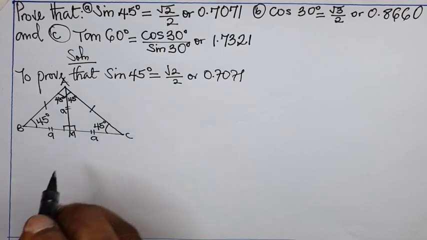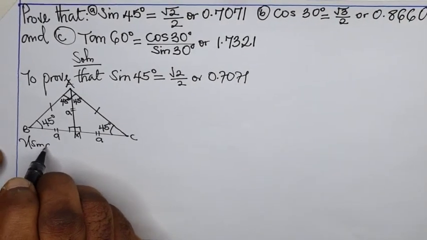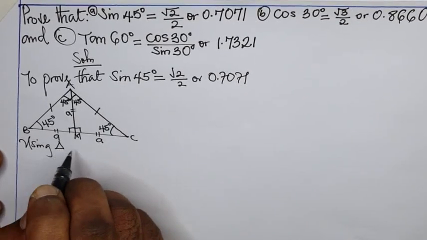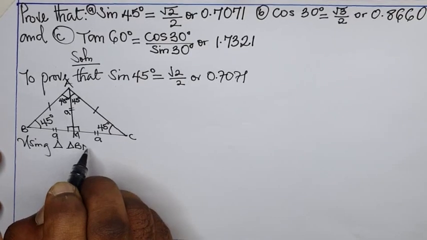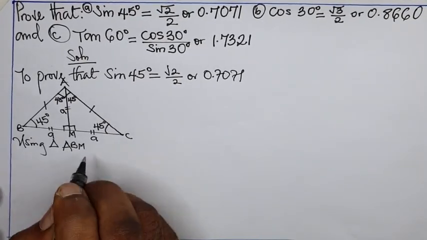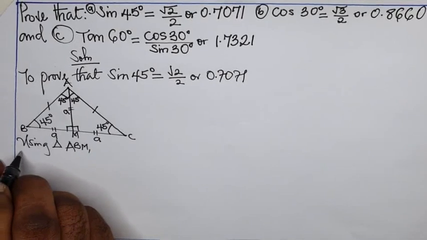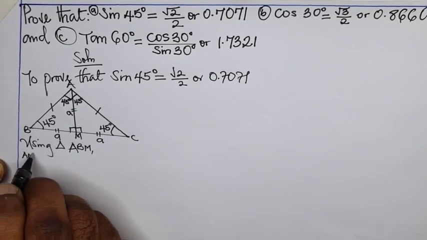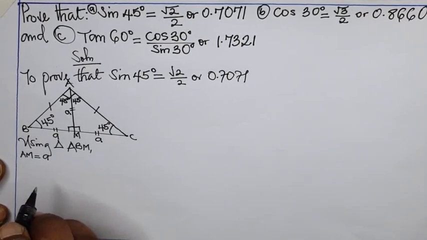All right, so using the triangle, let's do it this way. Using the triangle ABM, we are going to work with triangle ABM. From this triangle ABM, you notice that we have length AM equal to a.